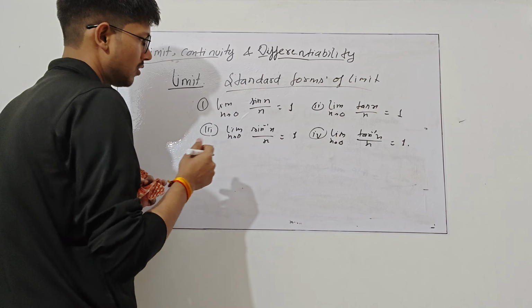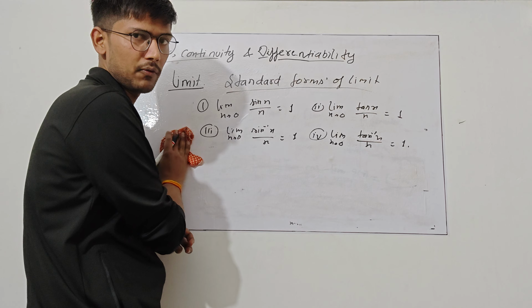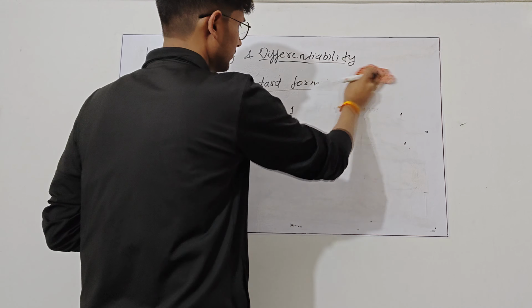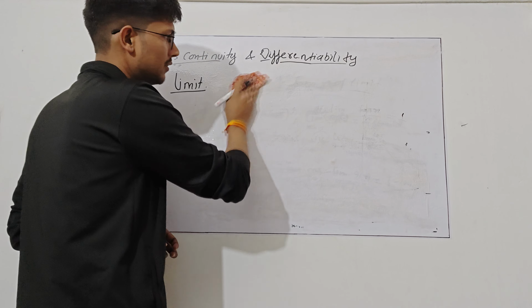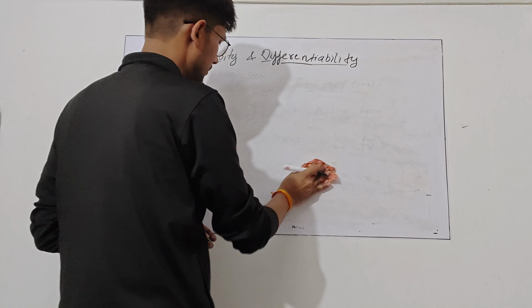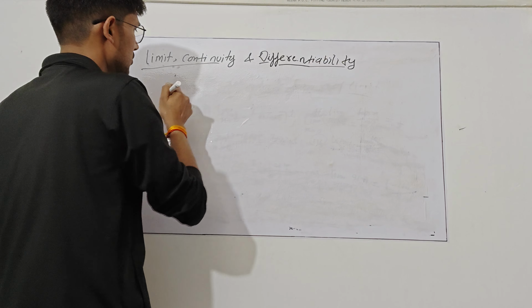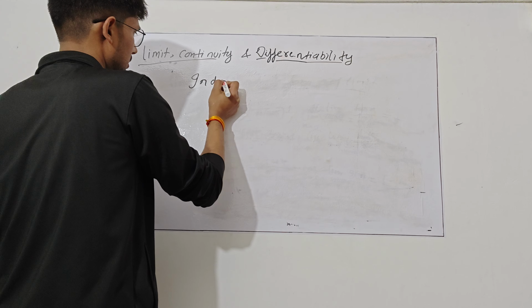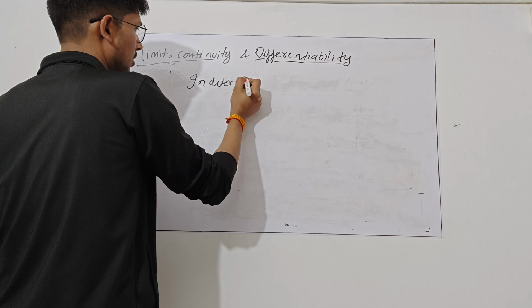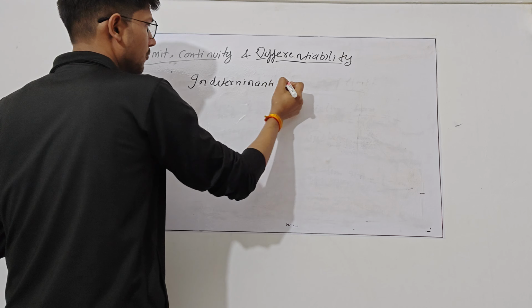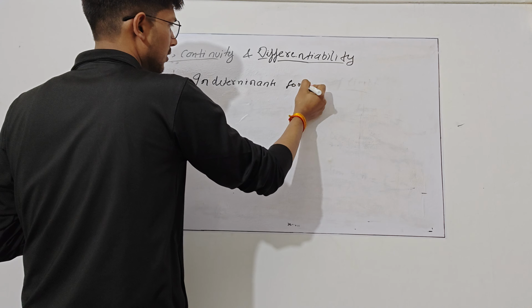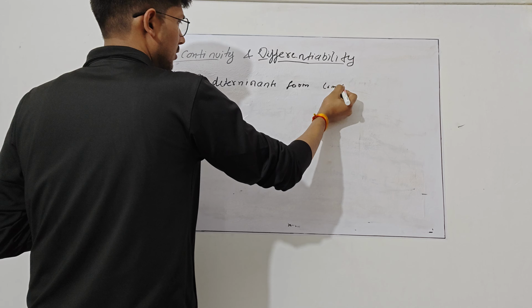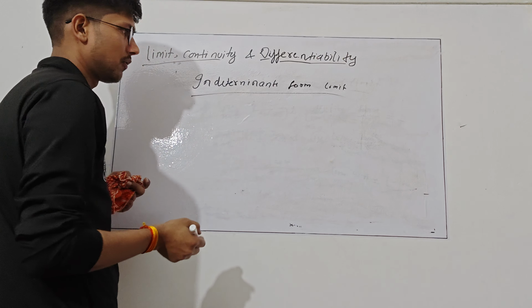So now we study some indeterminate forms of limit. We know that we have 7 types of indeterminate form.